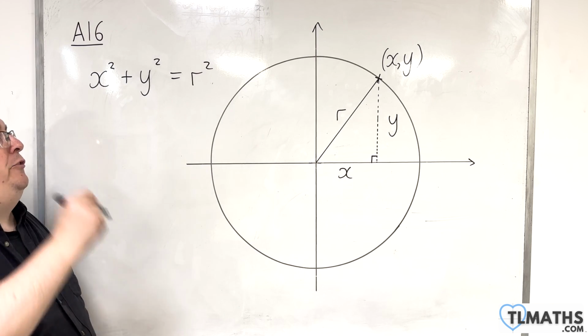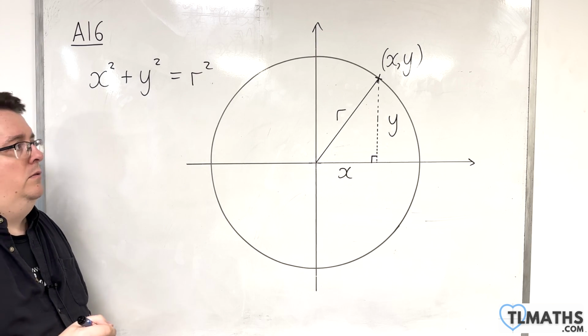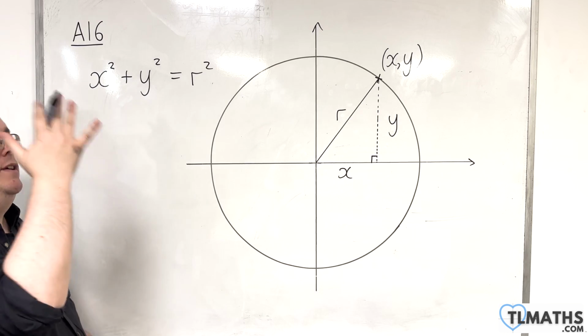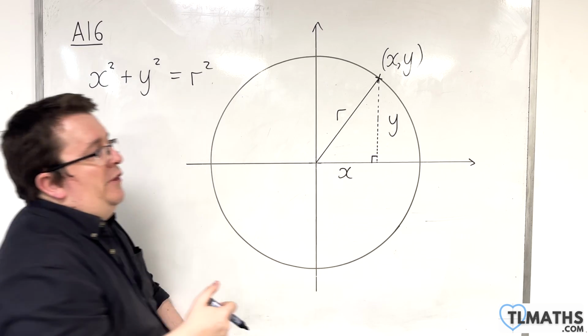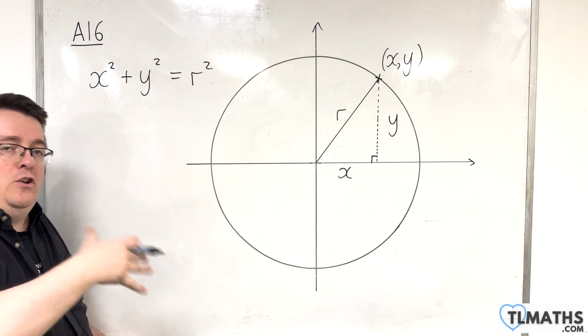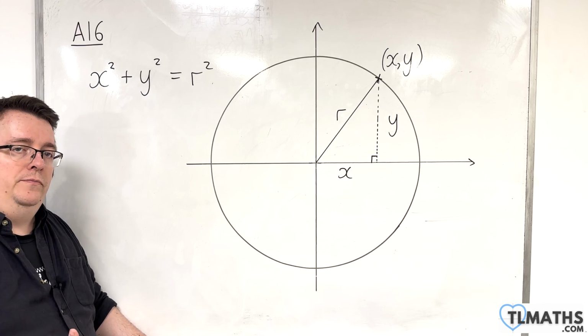So x squared plus y squared equals r squared, and that's an equation that comes through from Pythagoras' theorem, and this is the equation of the circle.